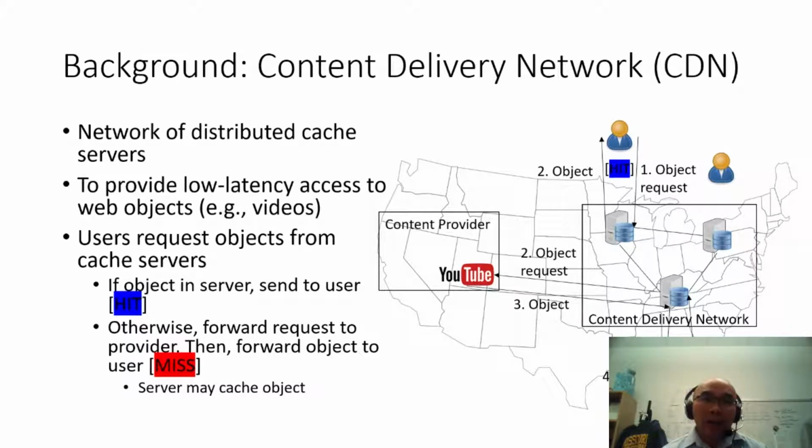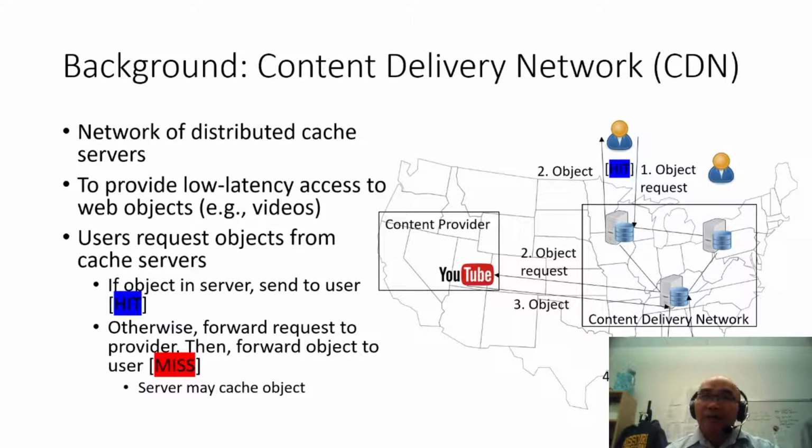So traditionally, when there's no content delivery network, what happens is that regardless where you are, if you want a certain video, the request is sent all the way to the content provider, which is very likely somewhere far away from you. And then the content provider responds with the requested web object.